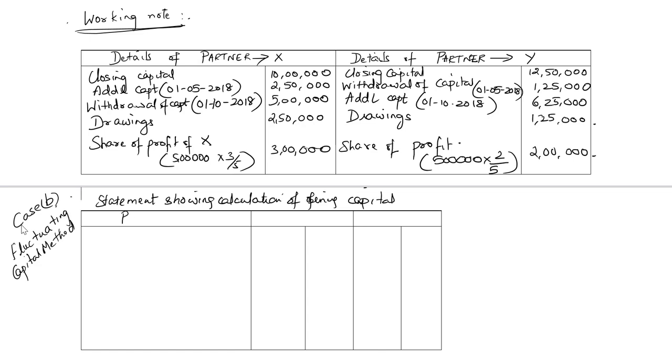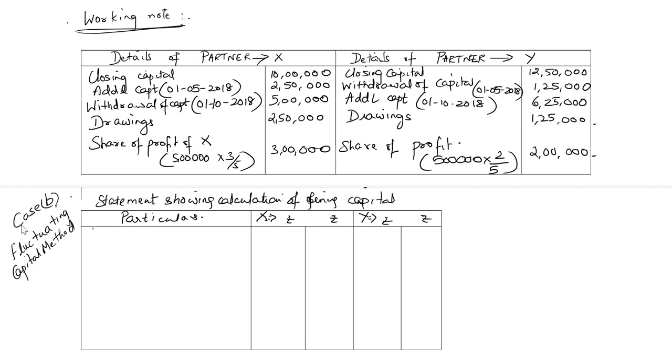First column particulars. For partner X, inner column, outer column, and for partner Y also an inner column and an outer column. The working note is there in the first half of the screen.